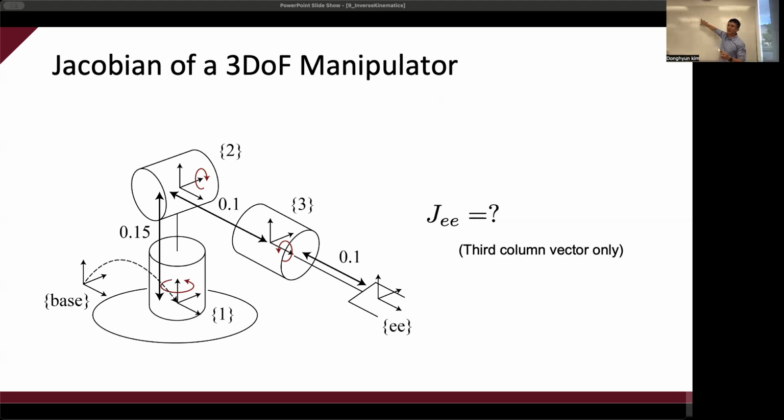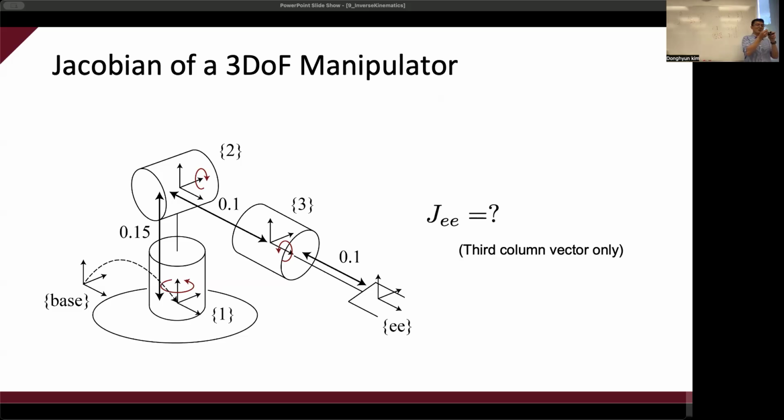And this is the linear velocity. The linear velocity is also like this. If we have some number here that is multiplied by theta 3, it means that because of this rotation, the end effector can go forward, which is impossible, right? It's only possible when you have an extra degree of freedom or a prismatic joint.